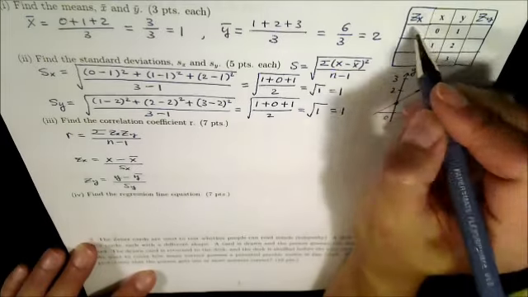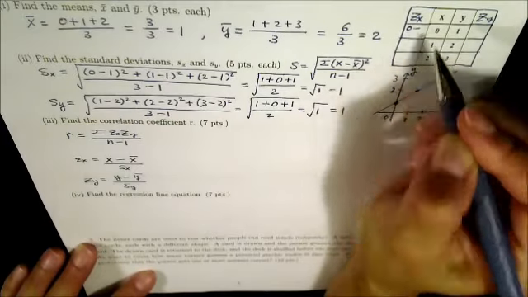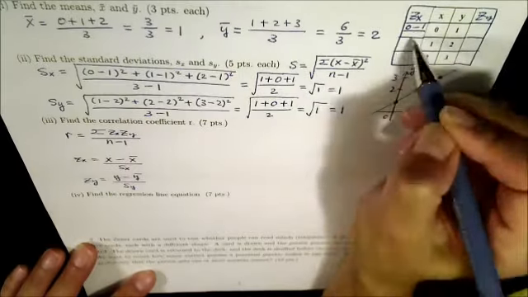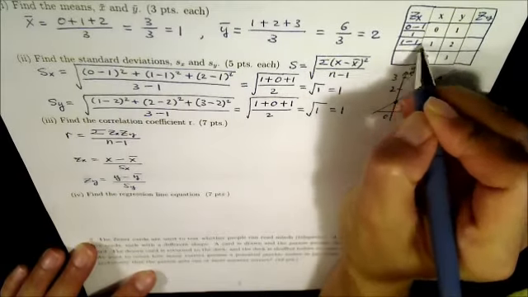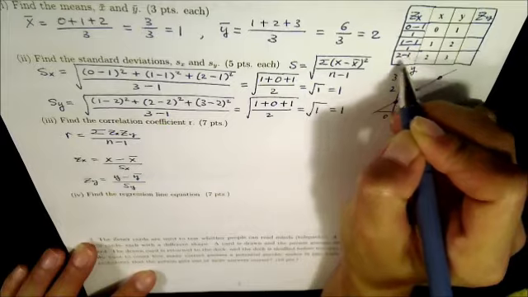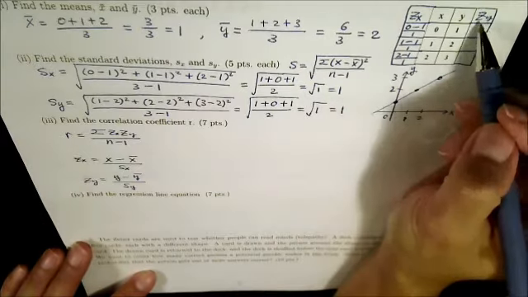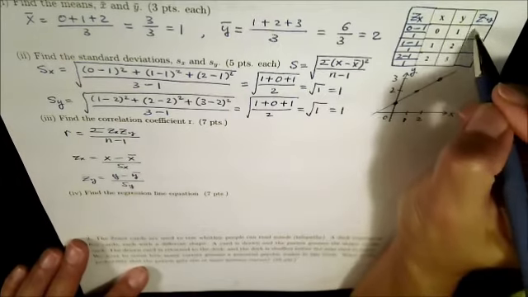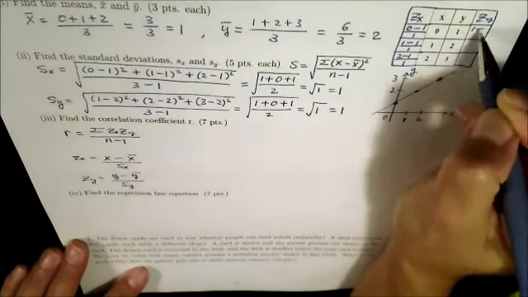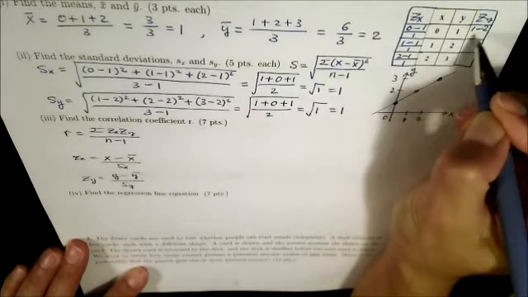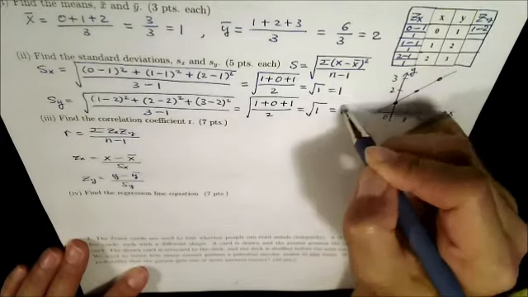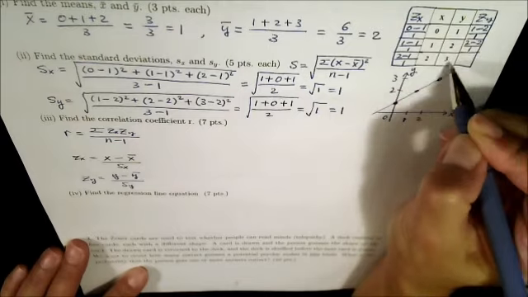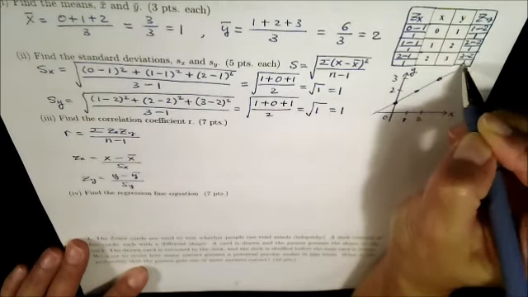So here z of x for the variable 0 is 0 minus the mean 1, divided by standard deviation 1. Then 1 minus 1 divided by 1, and 2 minus 1 divided by 1. Again, for z of y, the z-score for the y variable: 1 minus y bar 2, divided by the standard deviation 1. Then 2 minus 2 divided by 1, and 3 minus 2 divided by 1.